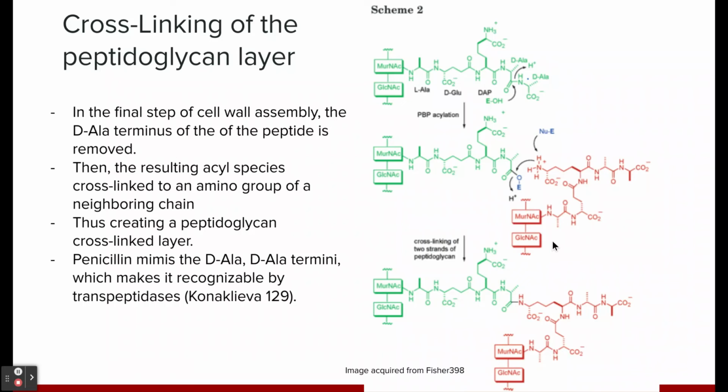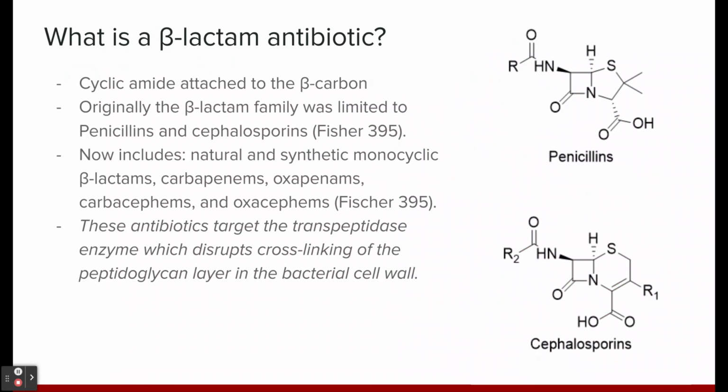So let's take a look at what these molecules look like and how we can think about these similarities. A beta-lactam antibiotic has a cyclic amide attached to the beta carbon. Originally, this was limited to penicillins and cephalosporins, but now it's more expanded and includes different synthetic monocyclic beta-lactams, carbapenems, oxapenems, carbacephams, and oxacephams.